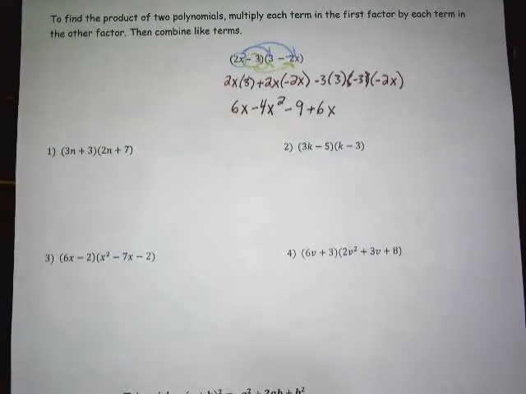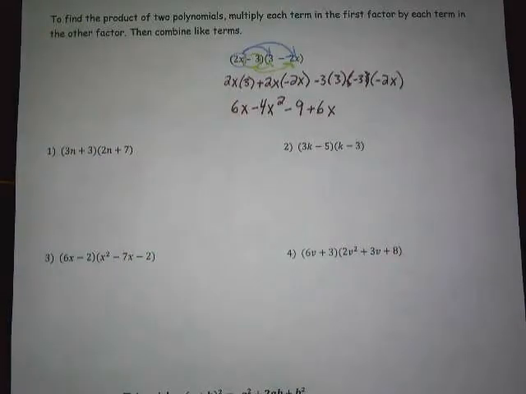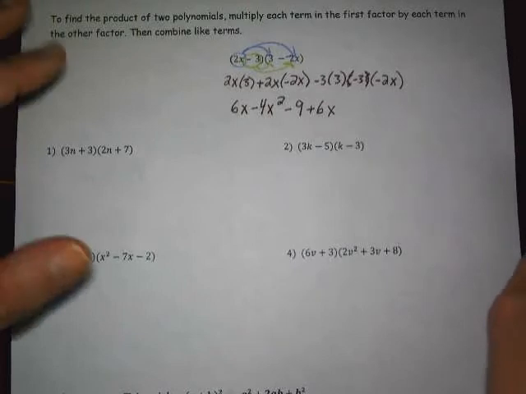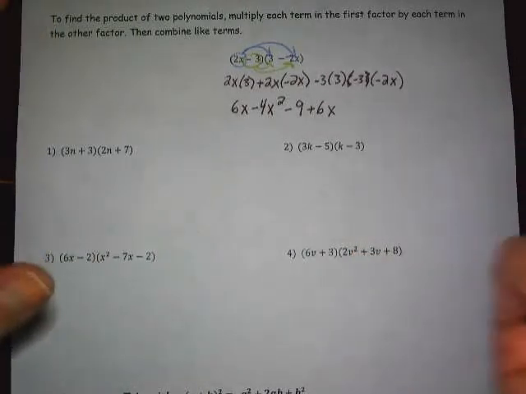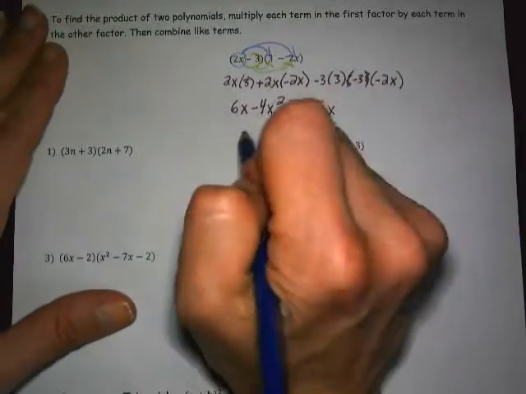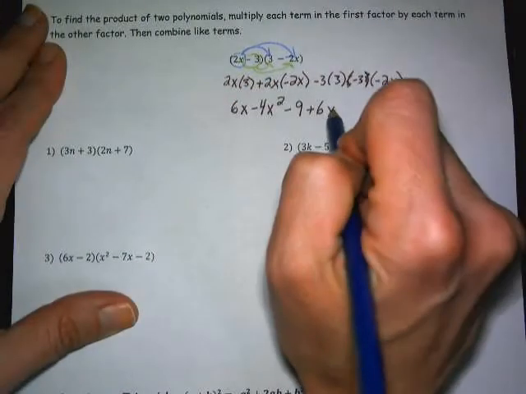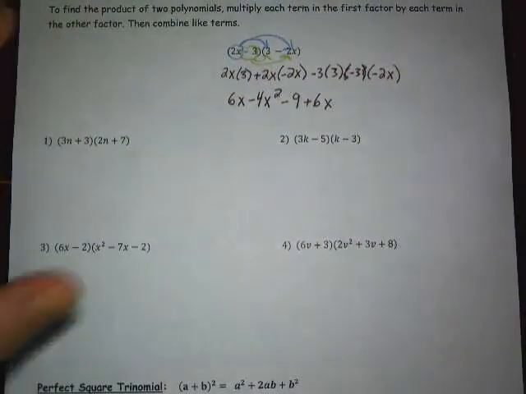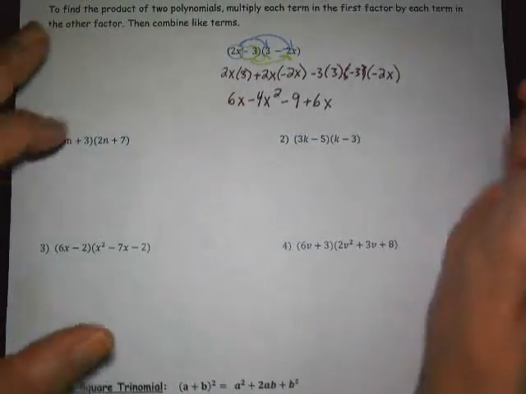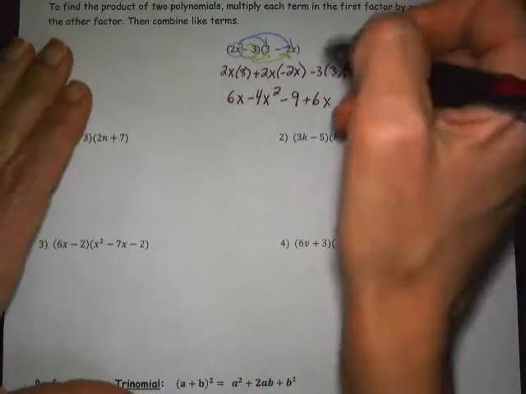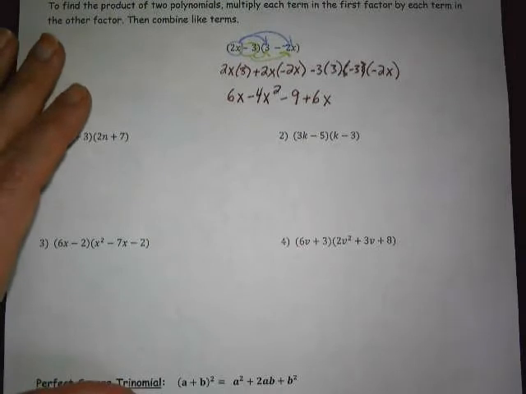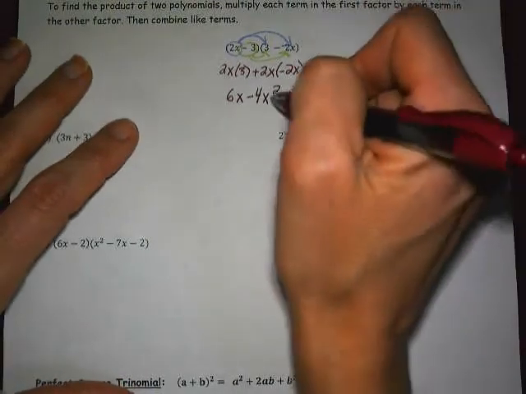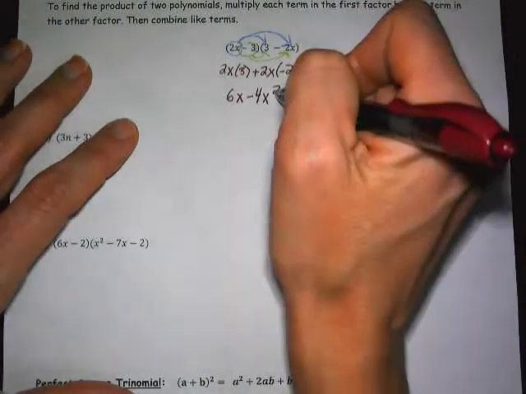Now, when you do this process, you're going to end up with like terms, and you have to combine those like terms, which is what we did yesterday. So I have an x term, and I have an x term. So I need to combine those. Now, we will do a lot of these, and this is where you're going to see them written in order of power of exponent. So my biggest exponent here is x squared.